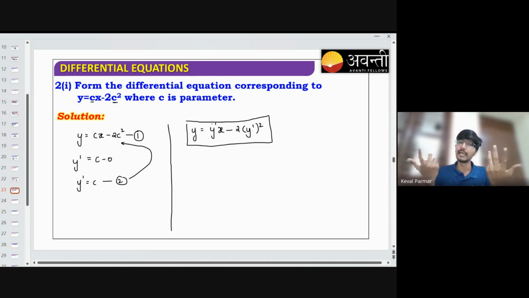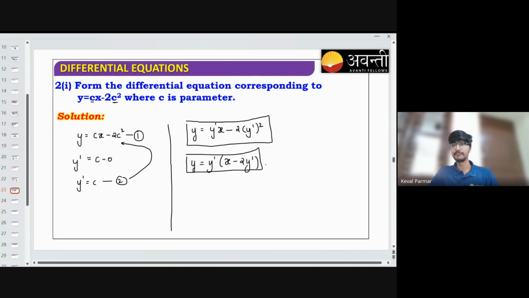That means this is my answer. Simple. Obviously, we can simplify it. How? We can take y dash common. So I'll be left with y dash into x minus 2y dash. Correct? So if a simplified form is present in the options, we can write it as this. Got it? Clear?